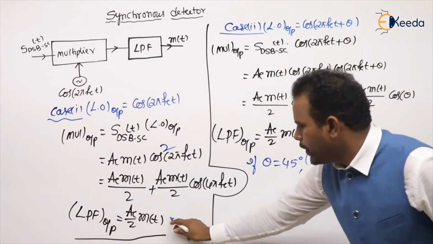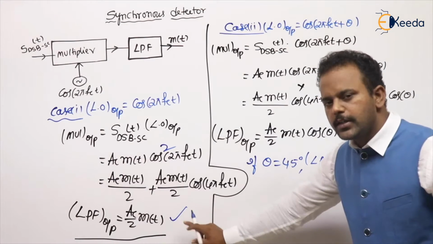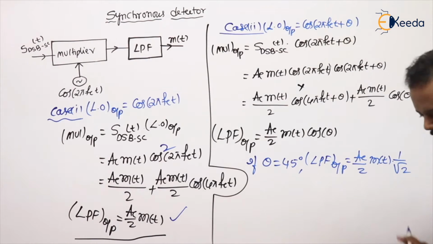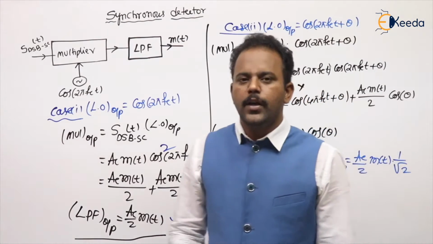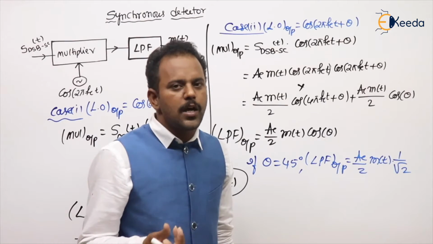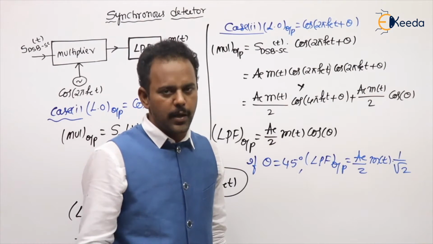Now try to compare with the perfect synchronization case, sir. How much is the decrement here? 1 by root 2 times decrement. If you write in terms of voltage, 1 by root 2 times. If you write in terms of power, 1 by root 2 whole square, so 1 by 2, which means 50% decrement.